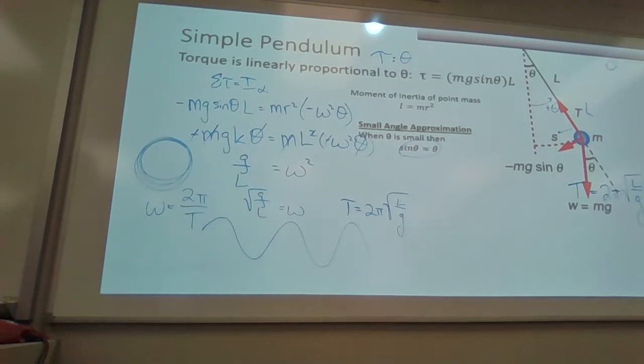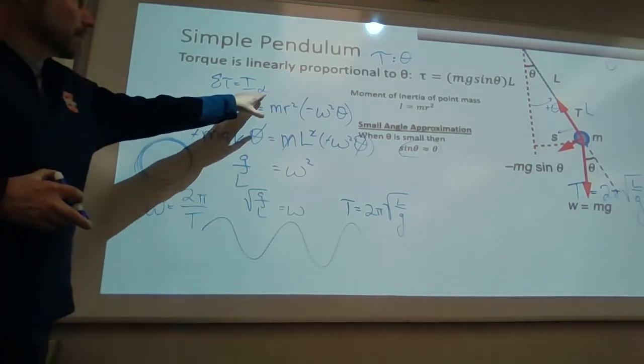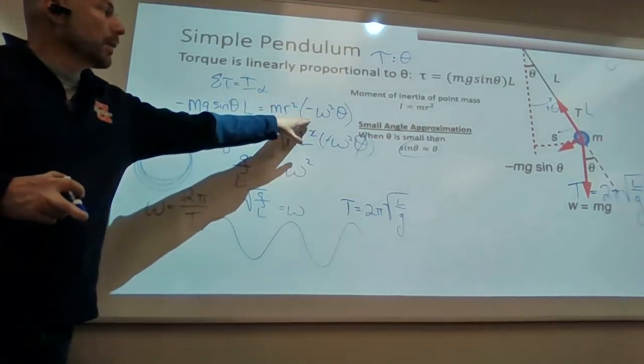Because it's simple harmonic, that's why you substitute alpha for negative omega squared theta. But if it was a normal circle, then it would still be changing omega over changing theta. That's why when you're substituting for alpha in the very beginning, you substitute with that.